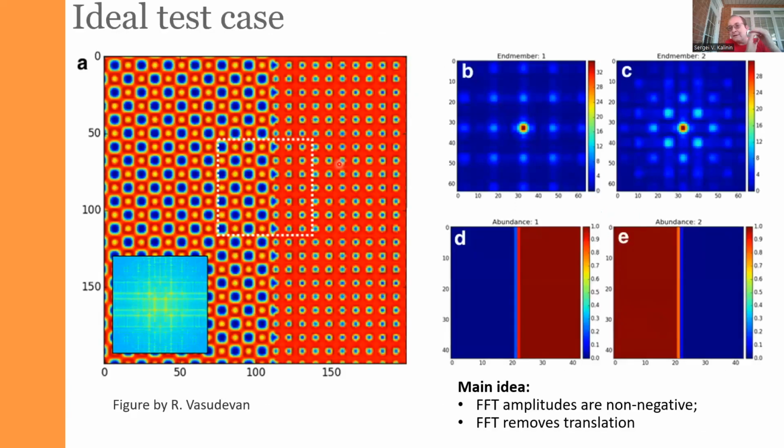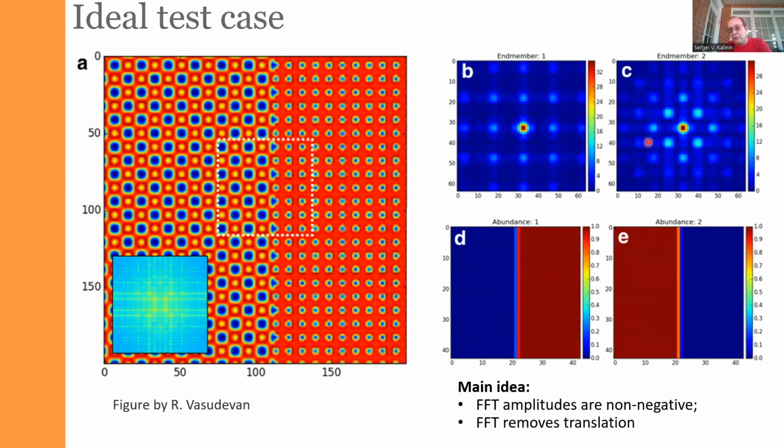In this case, we can try to apply this method on an artificial data set. As you see, Rama about 10 years ago generated an artificial crystal lattice, where here you have one periodicity, and here you have a different periodicity. What we do here is that we take a window, as you see, a fairly large one, we move it around the sample, and then we run the transform with the two components only.